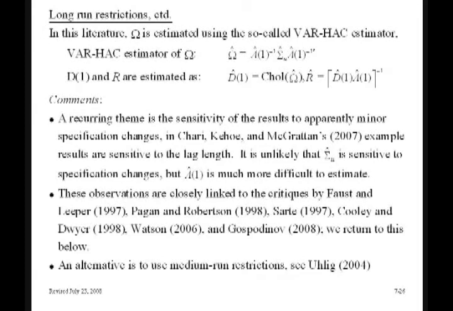Okay, so I actually think that some of this spirited debate has to do with problems of inference, and that in fact what's going on in these long-run restrictions is that there are some very delicate and difficult inferential problems, and they have to do with estimation of these long-run effects.